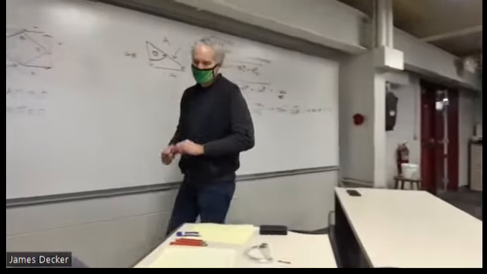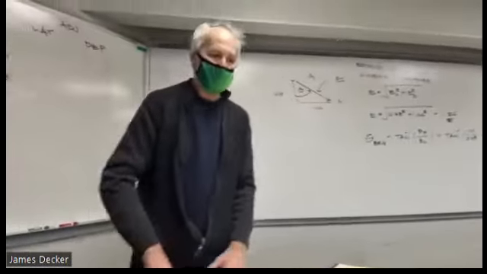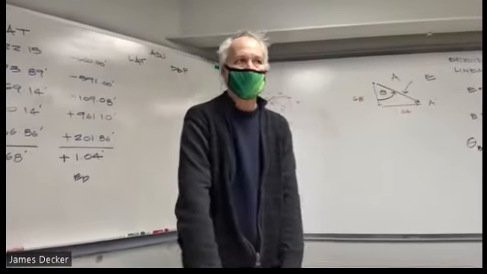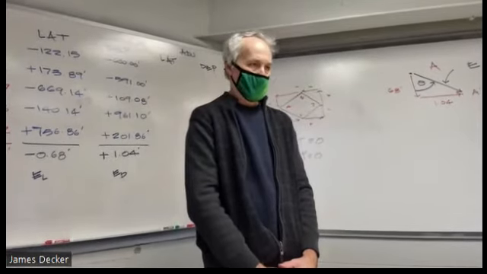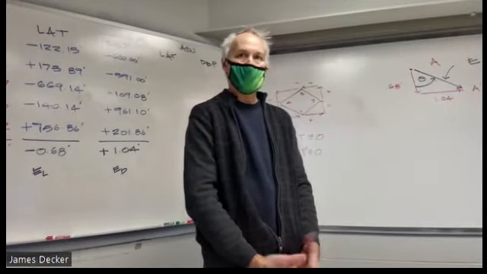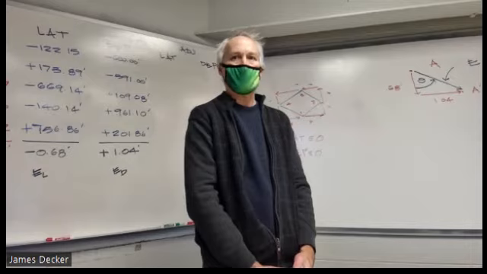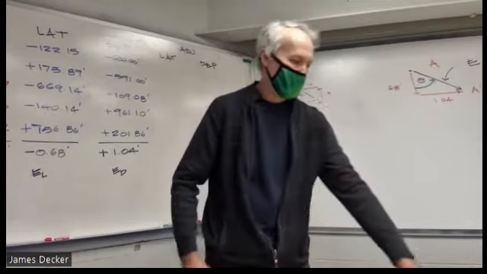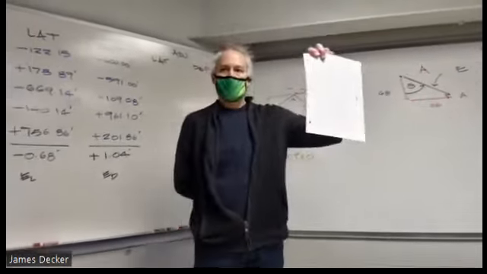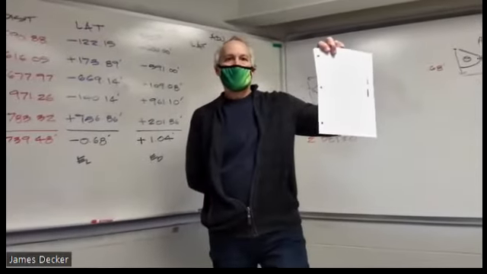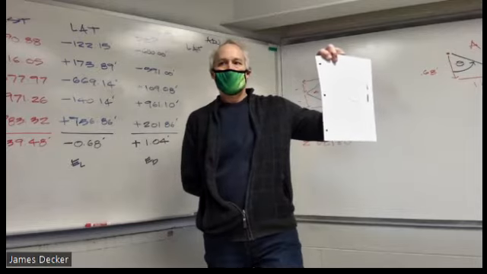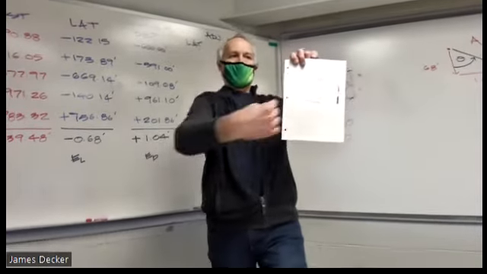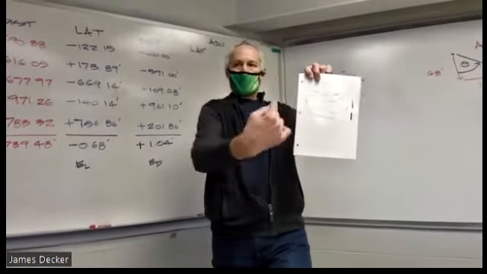Now let's look at this. Does it make sense that the direction is 56 degrees, and why? Anybody know why that would make sense? It does make sense, actually. Look at the shape of your figure. Which way is it longer, east-west or north-south? East-west.